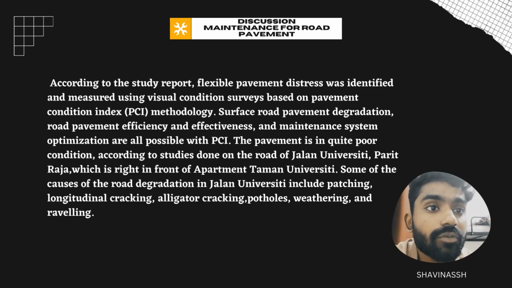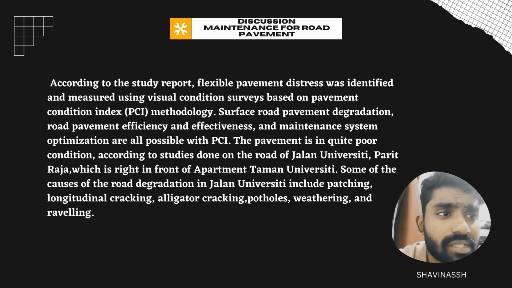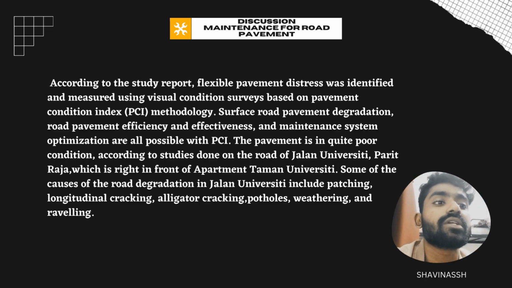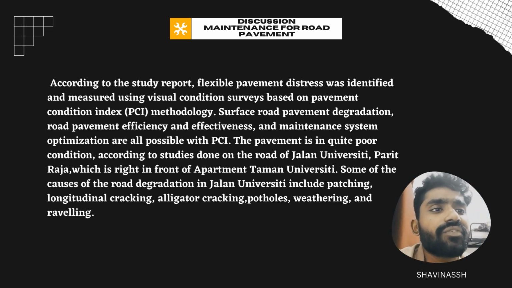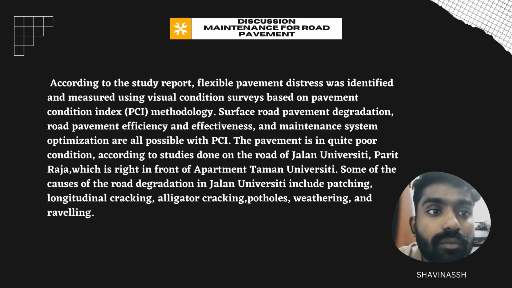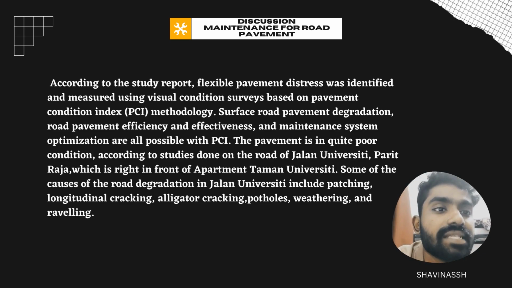According to the study report, flexible pavement distress was identified and measured using visual condition surveys based on the pavement condition index, which is known as PCI. So surface road pavement degradation, road pavement efficiency and effectiveness, and maintenance system optimization are all possible with PCI.